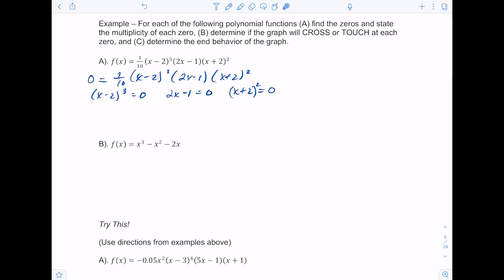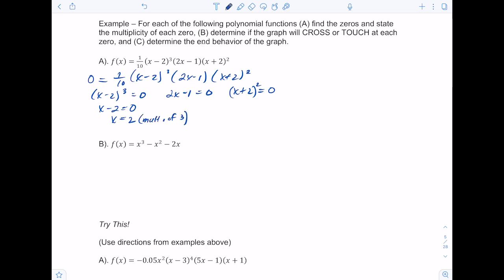That just means that when you solve this and set it equal to 0, it has 3 answers that are the same. So if you solve for x here, you're going to get 2. But because of the 3, there's really 3 2's. So x equals 2 has a multiplicity of 3.